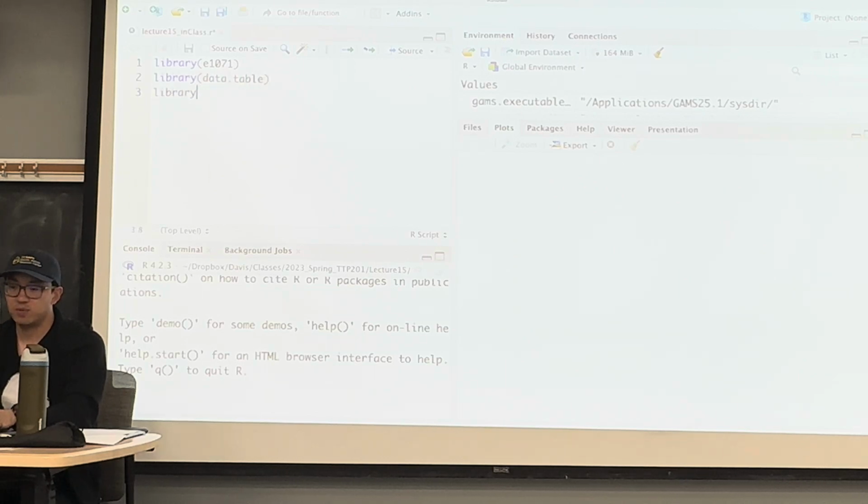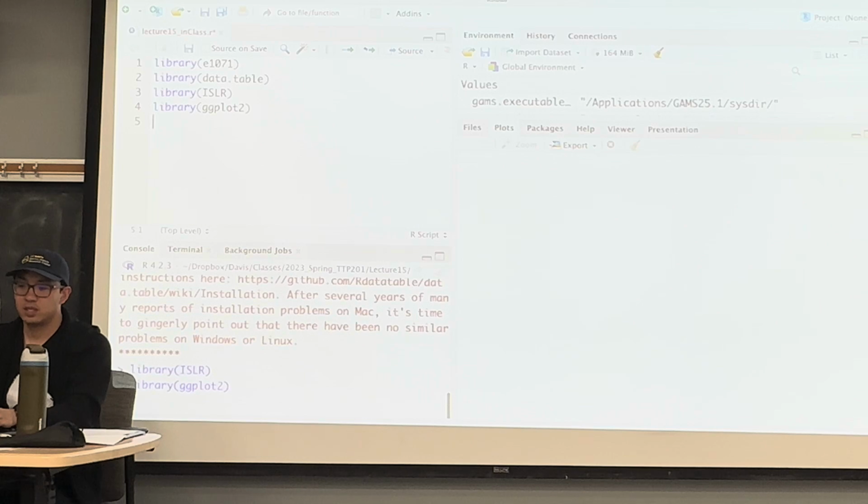Data table, we're going to use ISLR and ggplot. So we're going to look at a support vector classifier example.